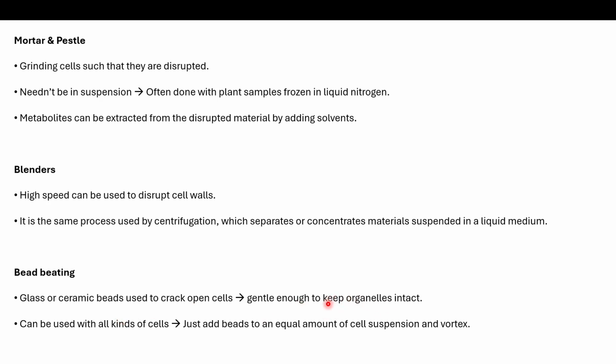So we have to be mindful of the centrifugation speed, the speed of vortexing, and the time up to which we are vortexing the complete sample. The bead beating method can be used with all kinds of cells. Basically, the cell suspension is there. Just add the required amount of beads to that particular cell suspension and vortex or centrifuge.